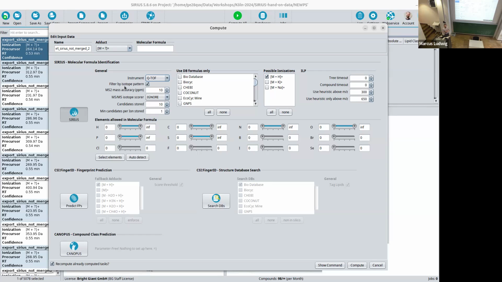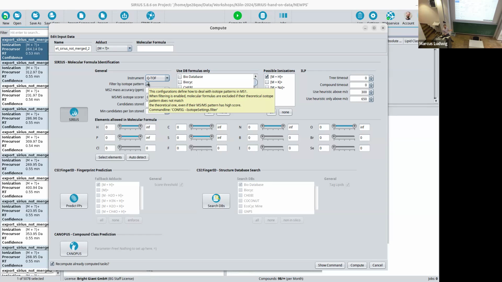and then already throw away all the molecular formulas that don't match well. Then for the computationally more expensive part of analyzing the MS spectrum with the fragmentation trees, we don't need to consider these molecular formula candidates anymore that don't have a well-matching isotope pattern. So if you have good isotope patterns in your data, you can keep this as is.